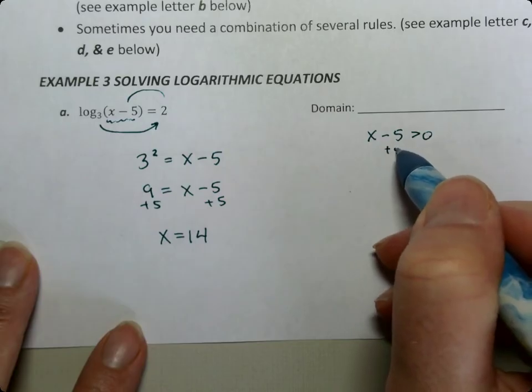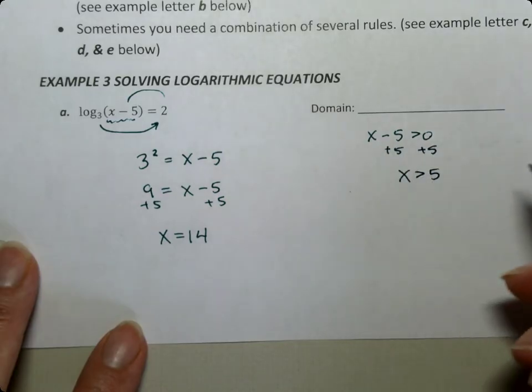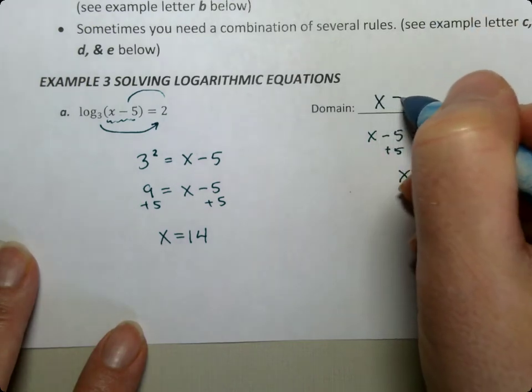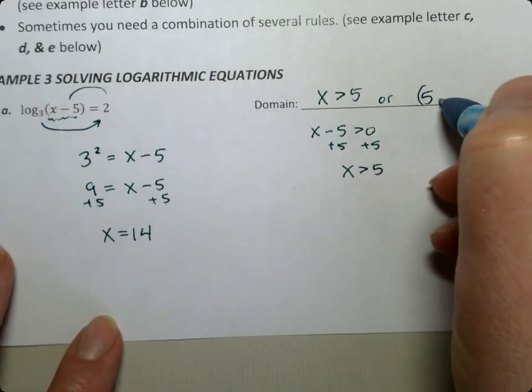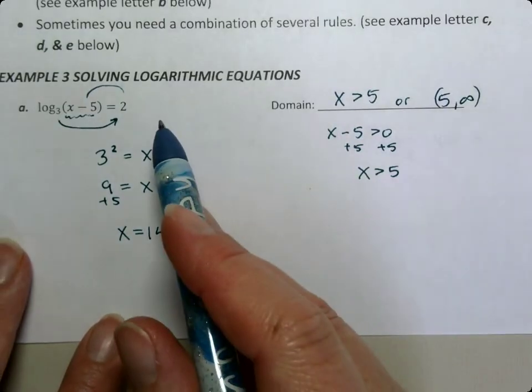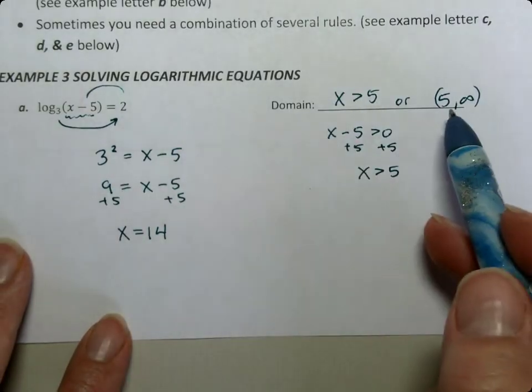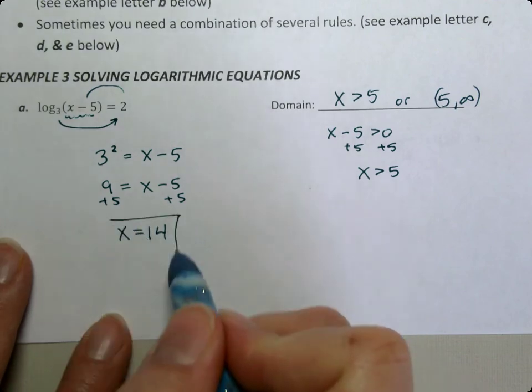So add 5, and your domain is that x has to be greater than 5. You could write x is greater than 5, or in interval notation 5 to infinity. Along with solving your logs, you're going to need your domain. Does my answer fit that domain? Yes. So I'm happy with my final answer.